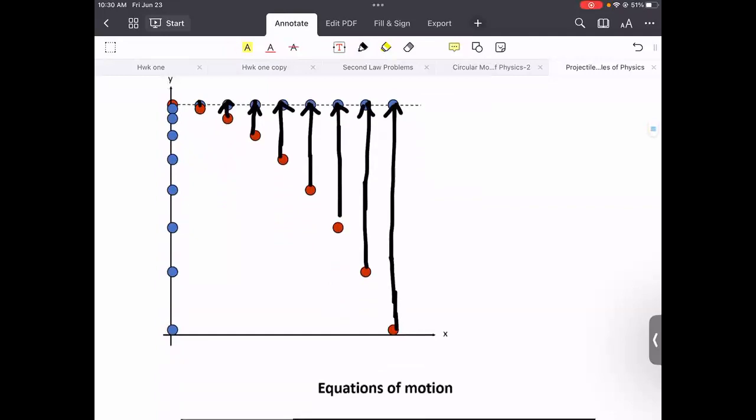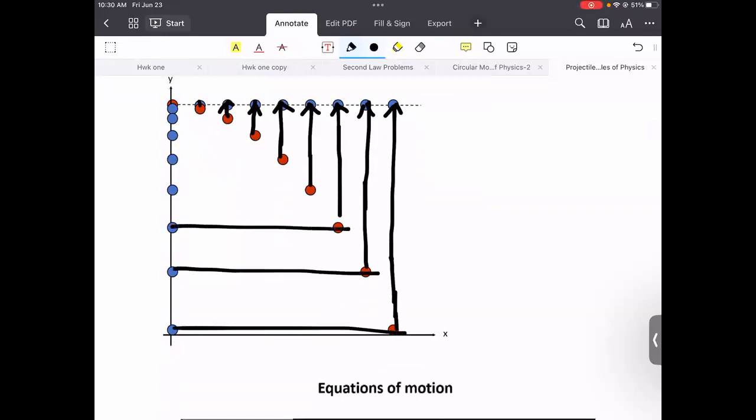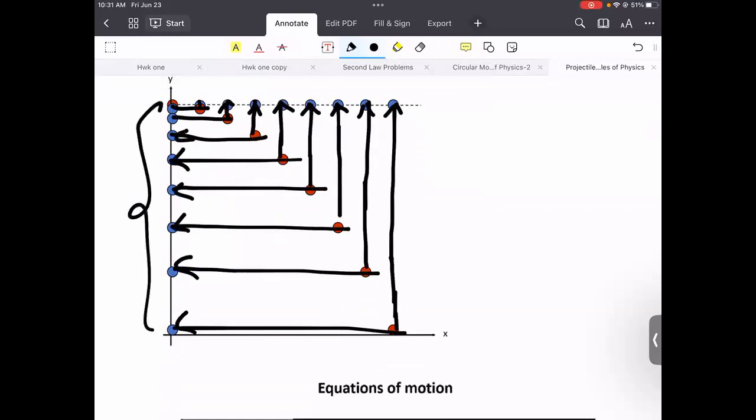If we do the same with the vertical component, like here, we see that indeed what we predicted or what we observed in the first image is the same. So right here, you can see that the motion is actually accelerated.